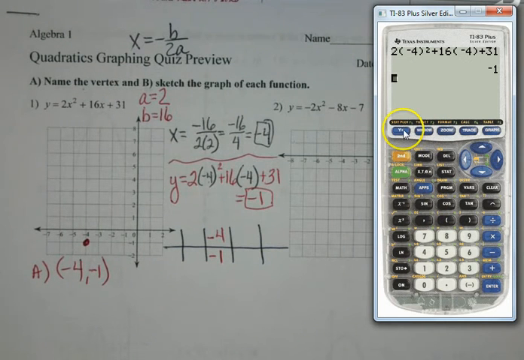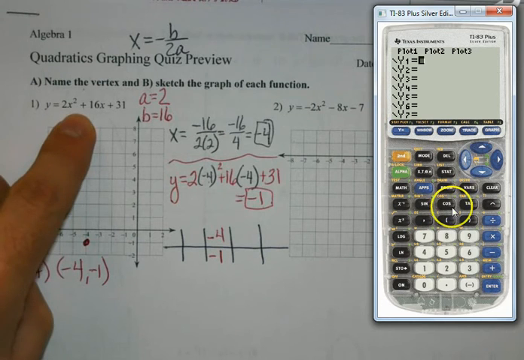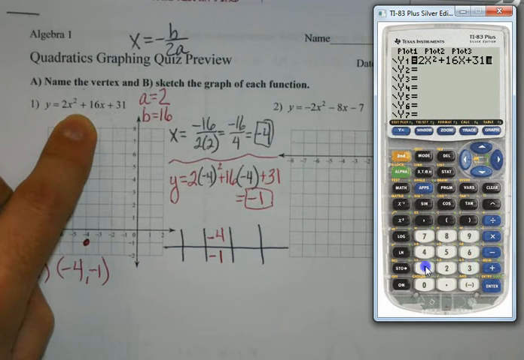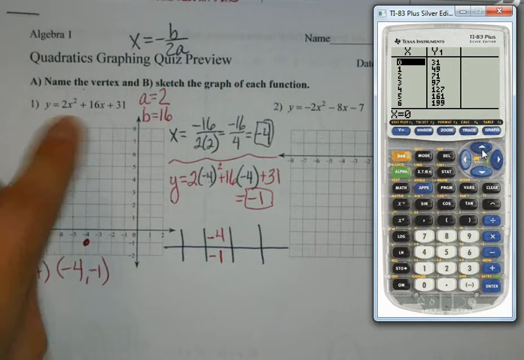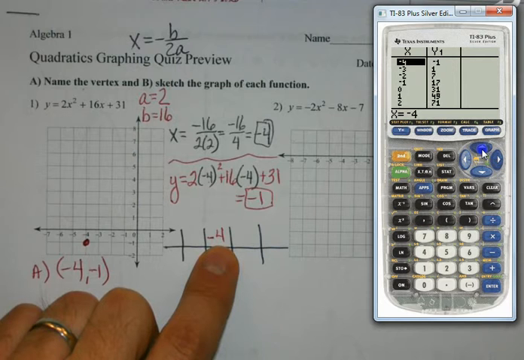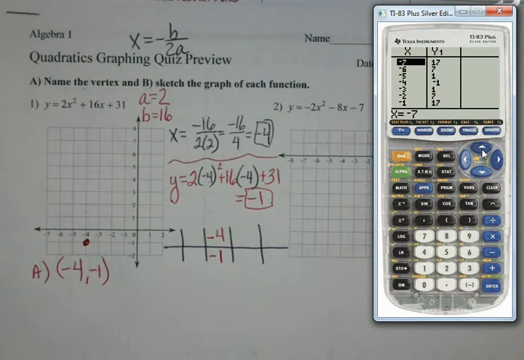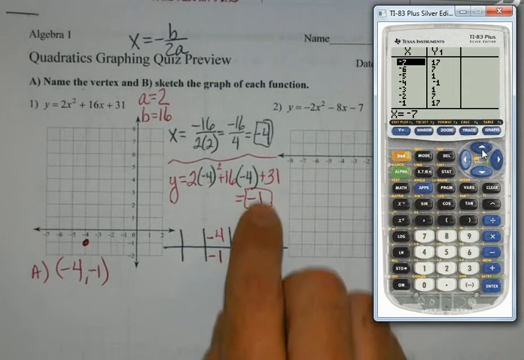So at this point, I can go to my y equals, and I can type my equation in. And then go ahead again and hit second graph. But I need this negative 4 to be in the middle. And it also lets me see, oh, okay, I got my y value right.